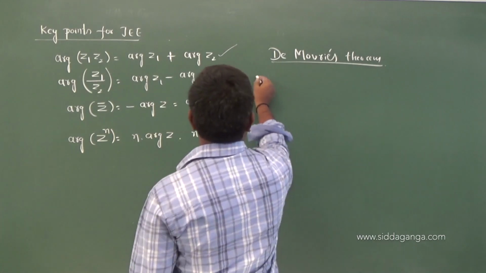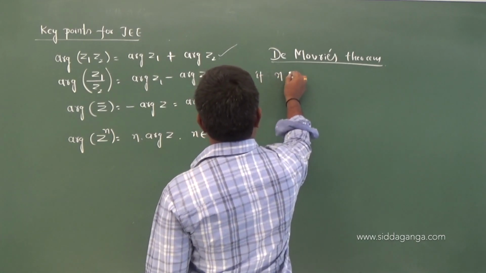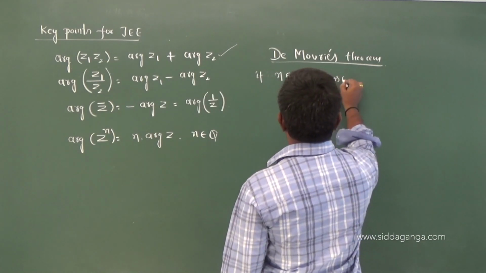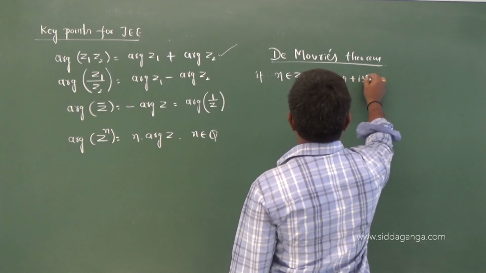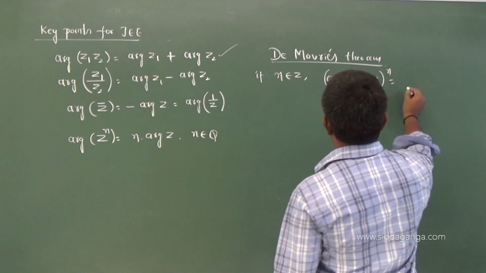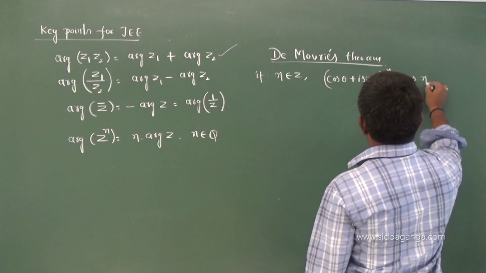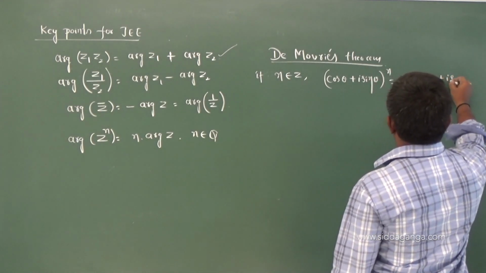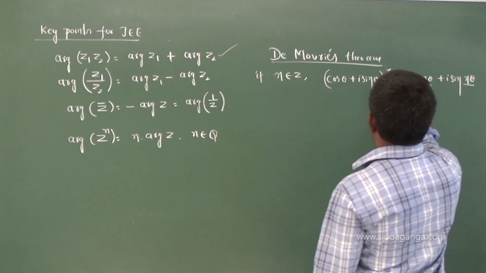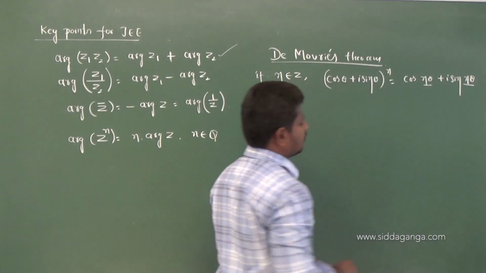It says if n is an integer, then (cos theta plus i sin theta) whole power n is equal to cos n theta plus i sin n theta. Observe here n theta, you mean n will be multiplied with theta. This is what De Moivre's theorem is.